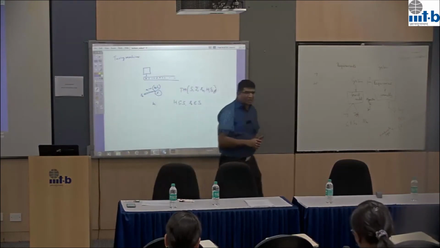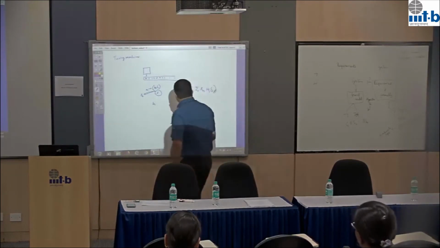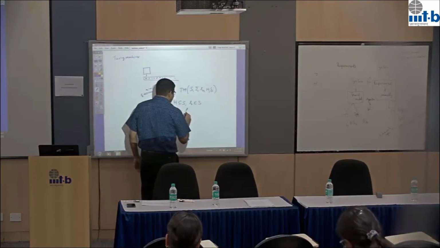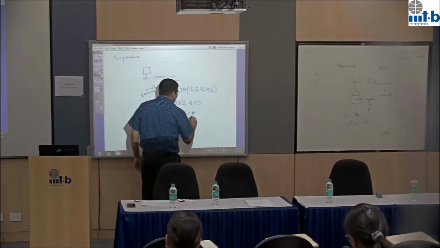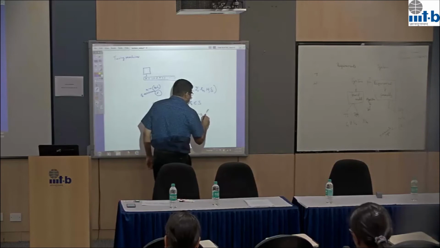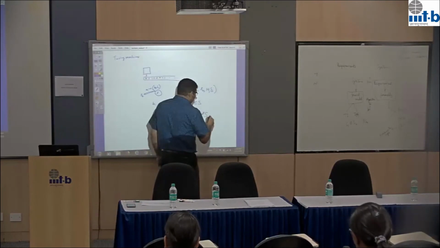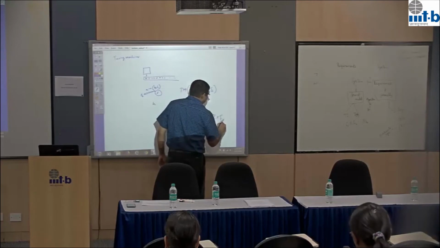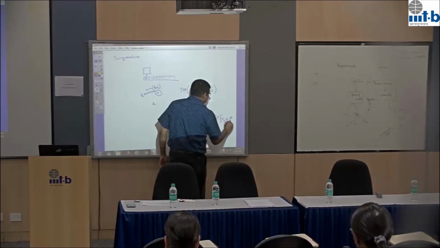So what does a transition function look like? A transition function starts from a state and reads an input, and it goes to another state, writes an input, and moves one step left or right.